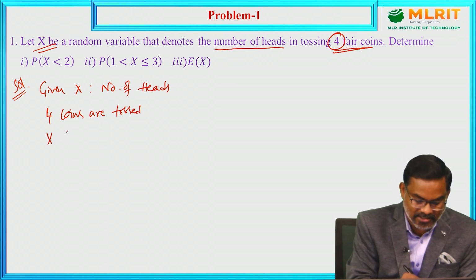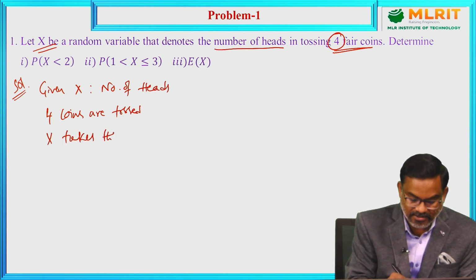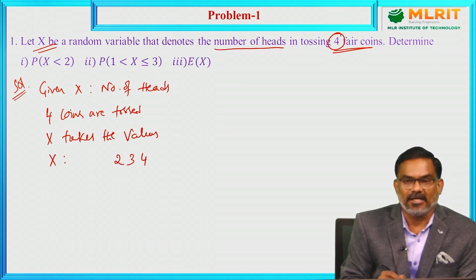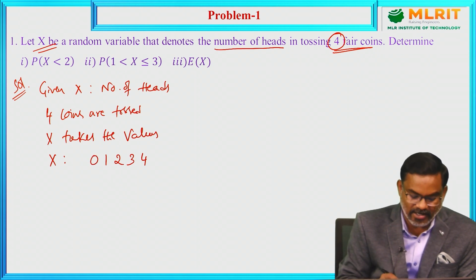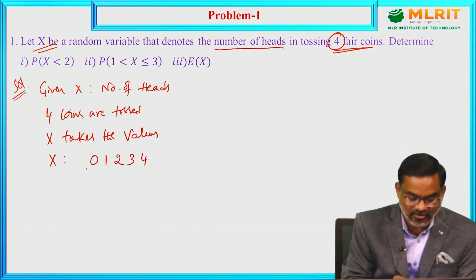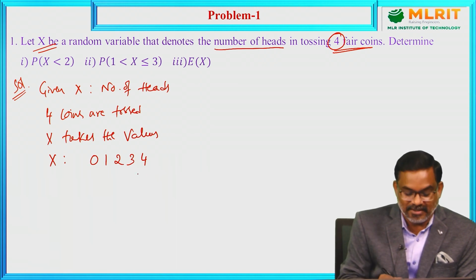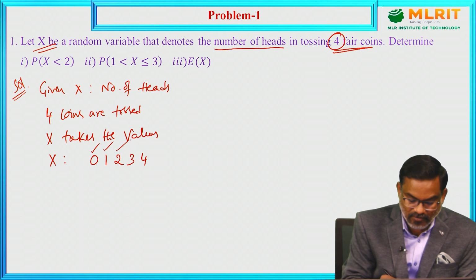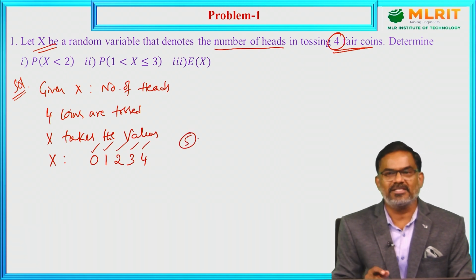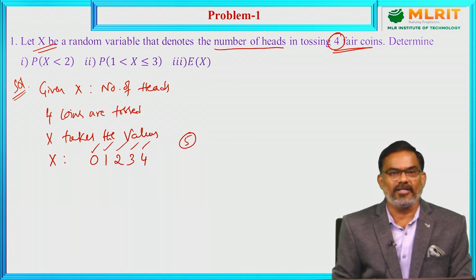So, x takes the values: maximum 4 heads, or 3 heads and 1 tail, 2 heads and 2 tails, 1 head and 3 tails, or 0 heads, that means all 4 tails. So, x takes the values 0, 1, 2, 3, 4. Since the total number of values is 5, which is a finite number, this comes under discrete probability distribution.